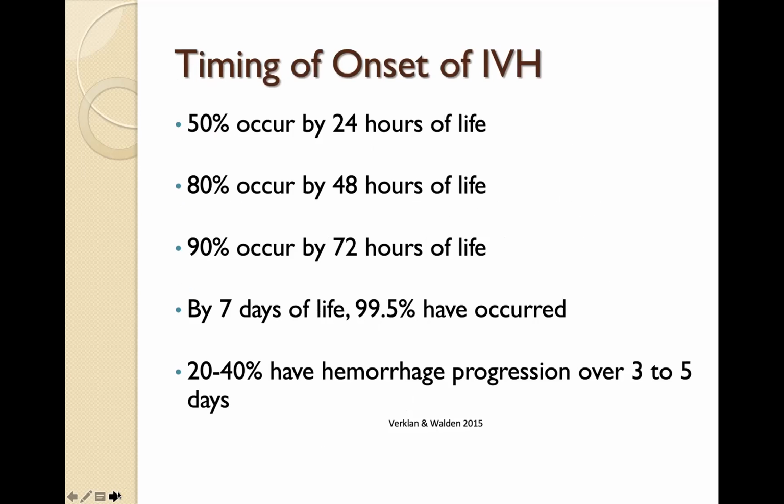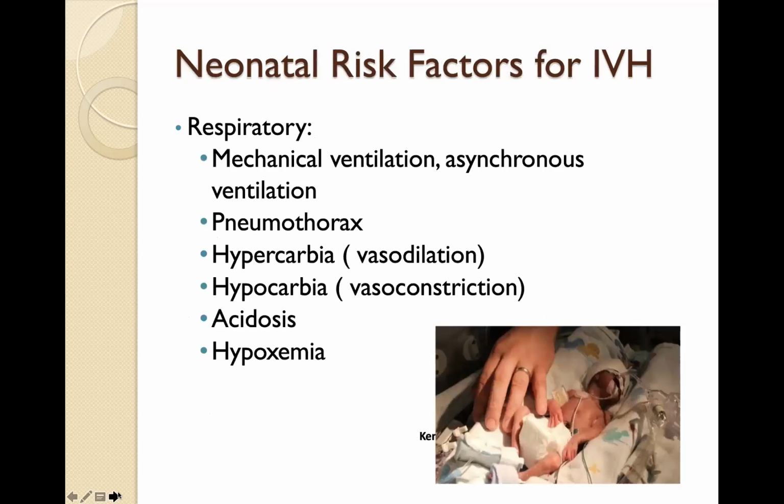So what is the timing of the onset of IVH? About 50% occur in the first 24 hours, 80% by 48 hours, and about 90% by 72 hours. So that's why, with our golden hour and beyond, we're really focusing on the first 72 hours of life. And of course, by 7 days of life, about 99% would have occurred.